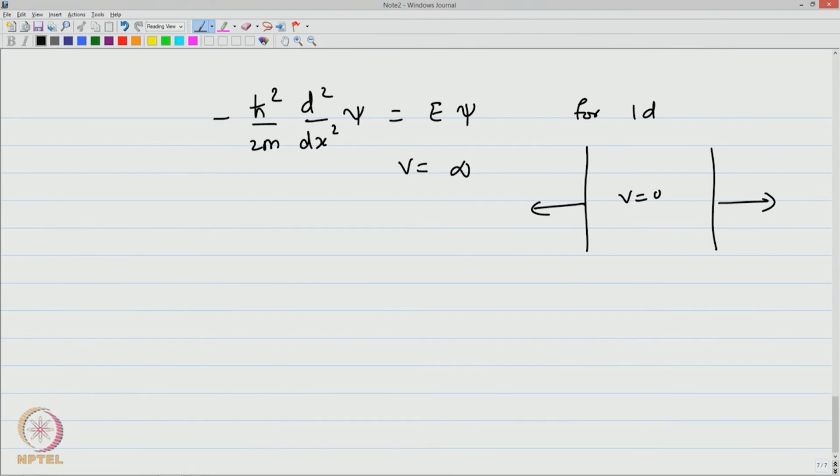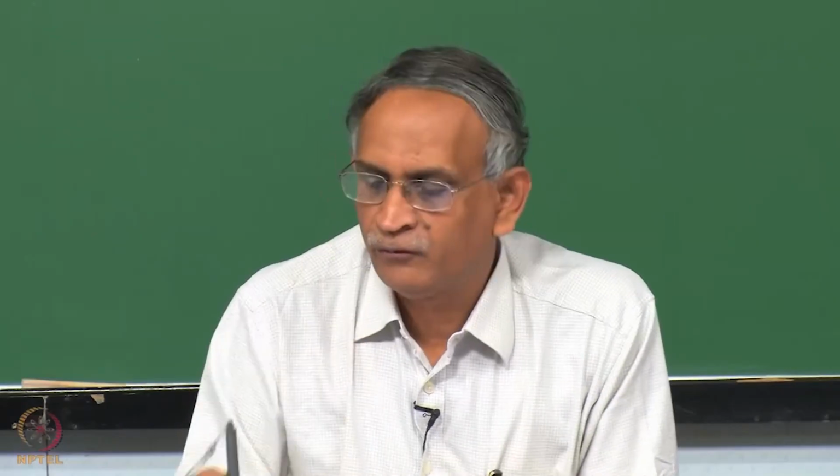There is no potential here, but it is the infiniteness of the potential outside that restricts this solution to psi of x equal to square root of 2 by L sine n pi x by L.